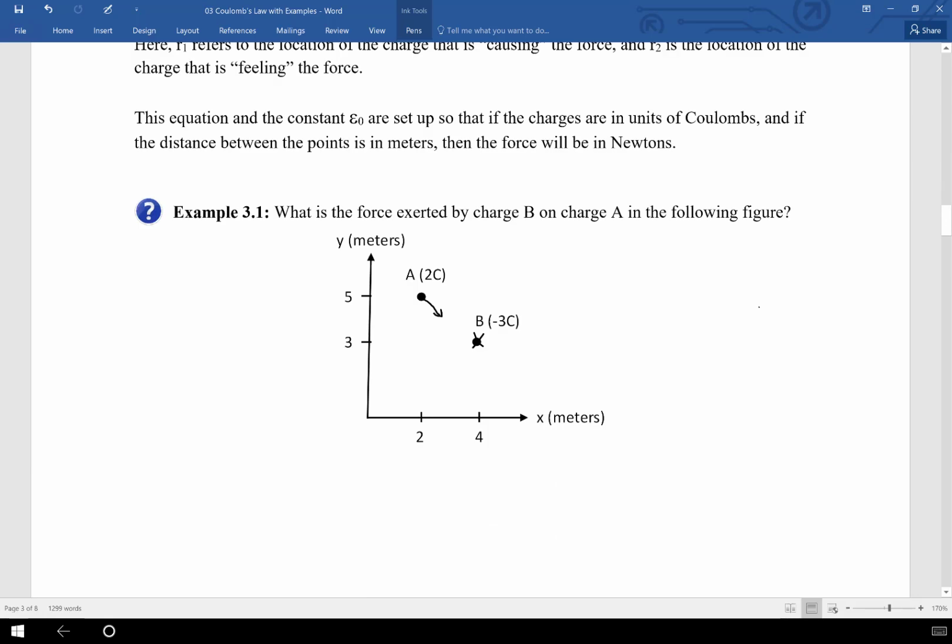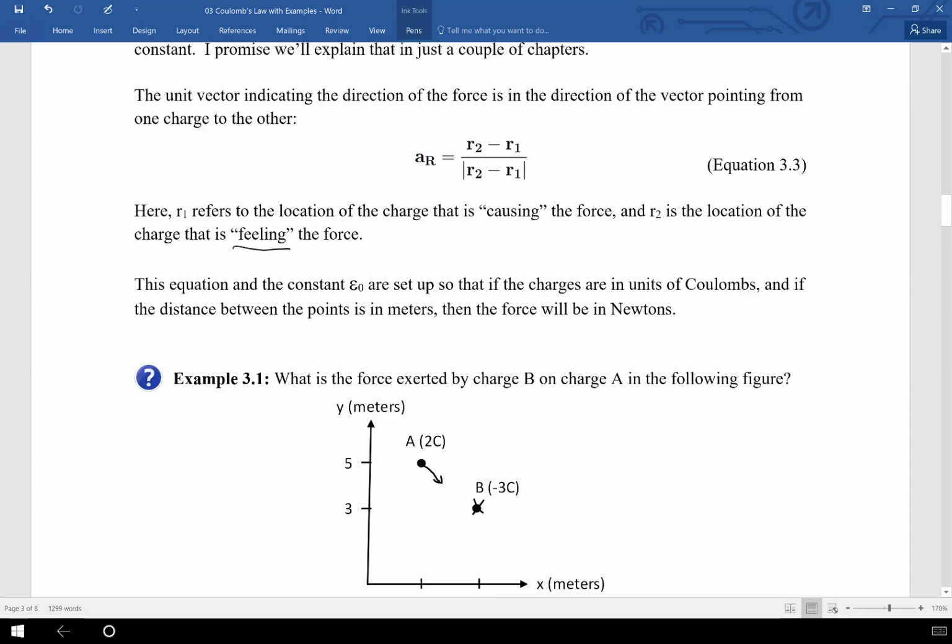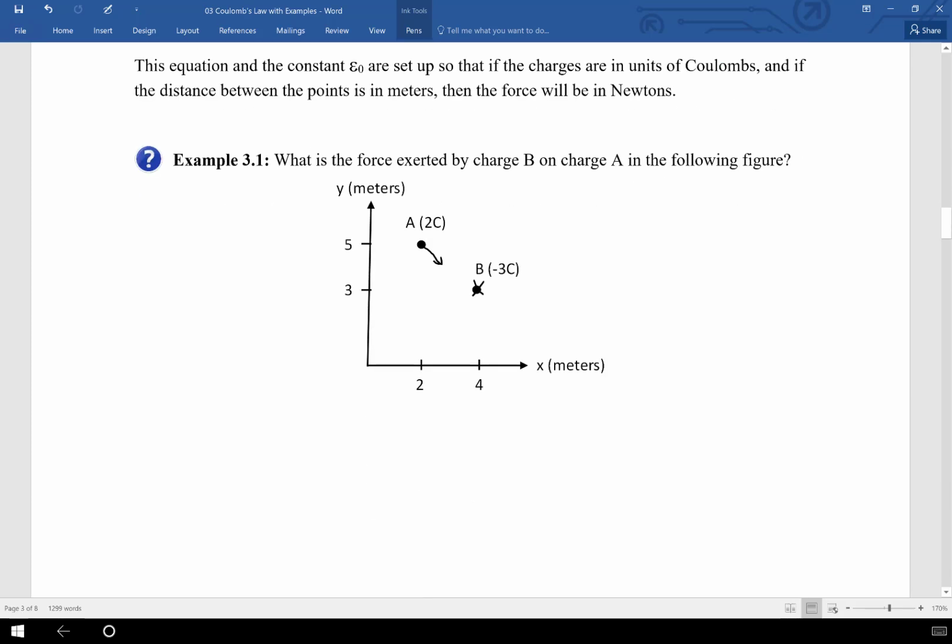So let's consider what is the vector R2. R2 is the location of the charge that is feeling the force. And in this case, clearly the one that is feeling the force is A. So we're going to see that R2 is equal to R sub A, which is just going to be 2 a sub x plus 5 a sub y.